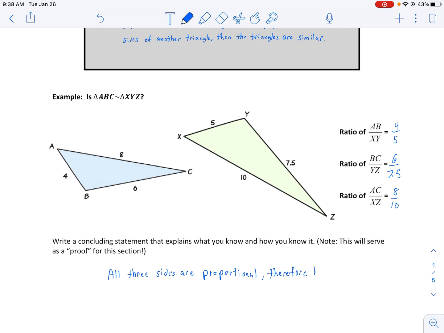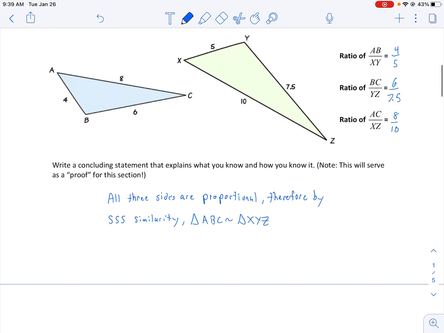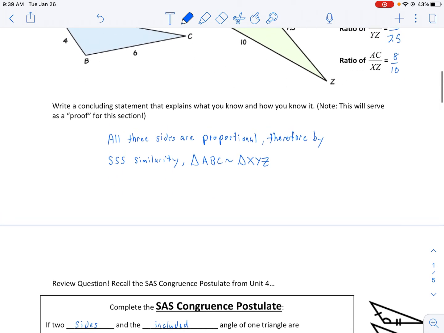Therefore, by the SSS similarity theorem, the triangles are similar. Actually, I'll say triangle ABC is similar to triangle XYZ. Remember the symbol right there for similar. Okay. So that's it for SSS similarity.